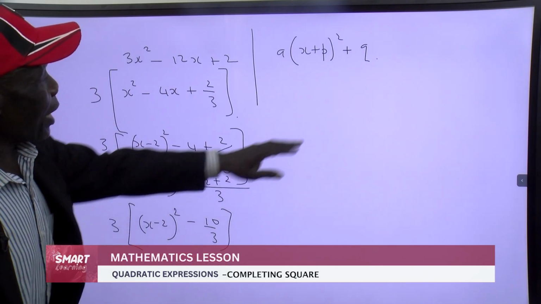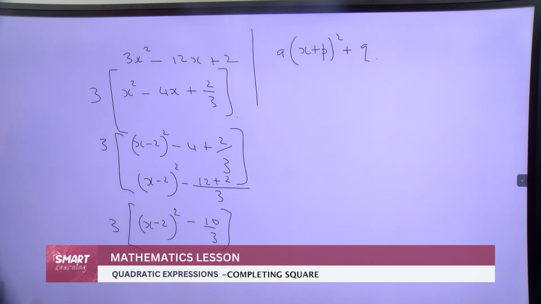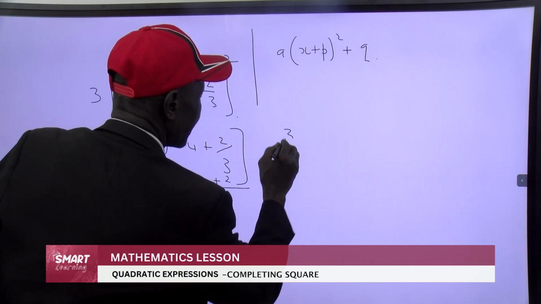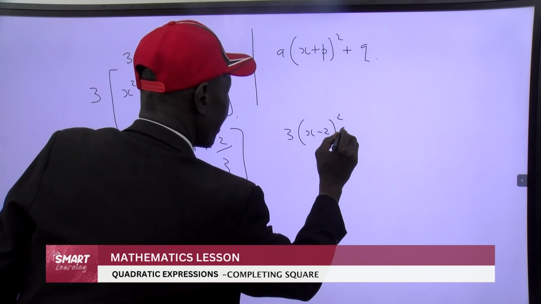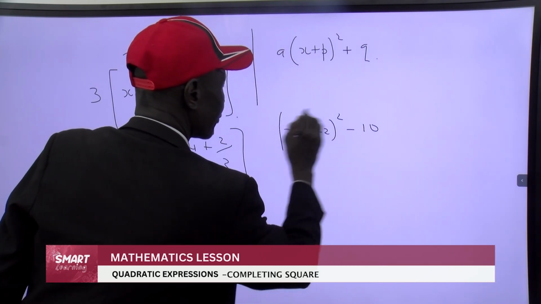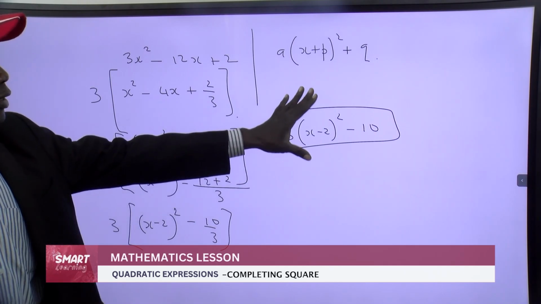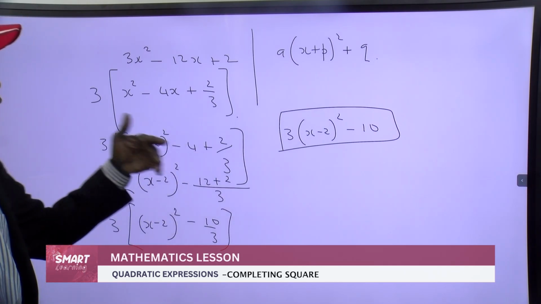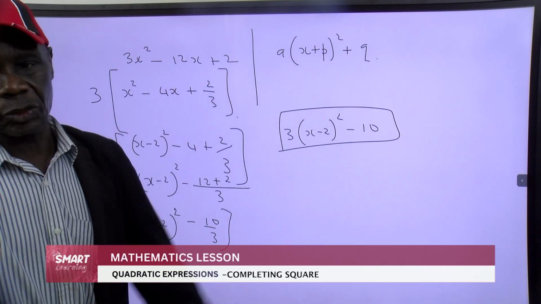But remember, our q is out of the bracket, so we have to multiply that one by 3, and we're going to have 3 in bracket x minus 2 squared minus 10, and you'll have done it. It's quite easy to use step by step, but you can also use the formula I've given you in order to get your p, your q, and just plug in the equation.